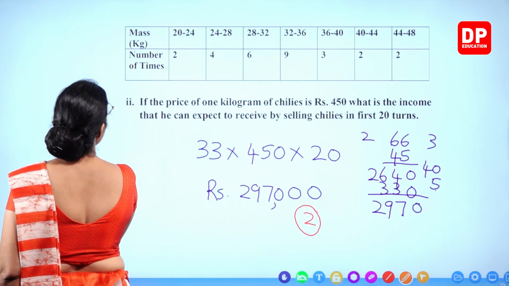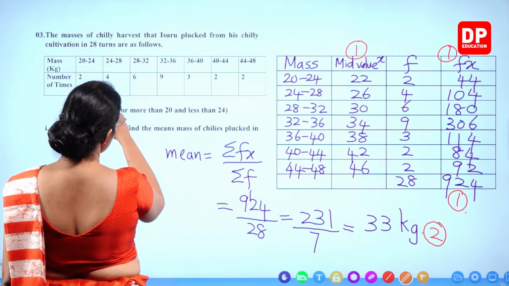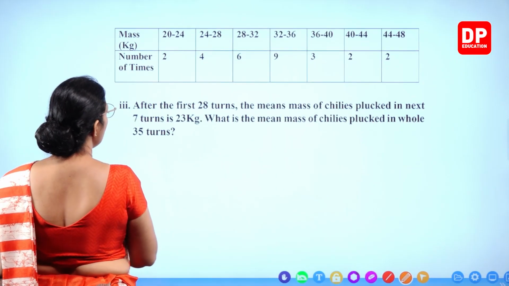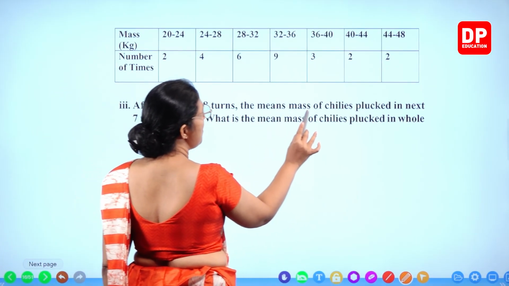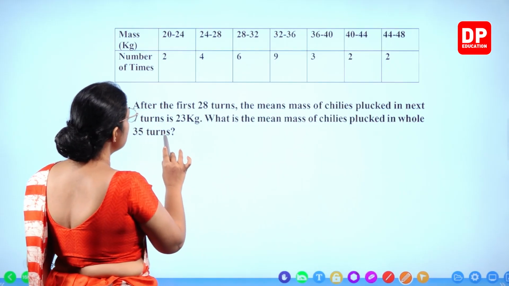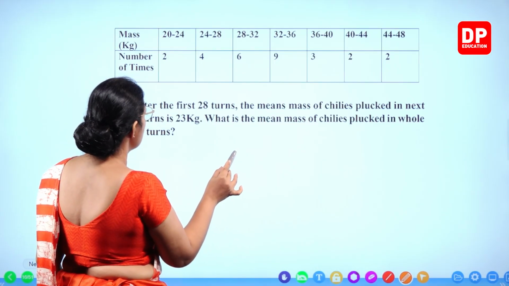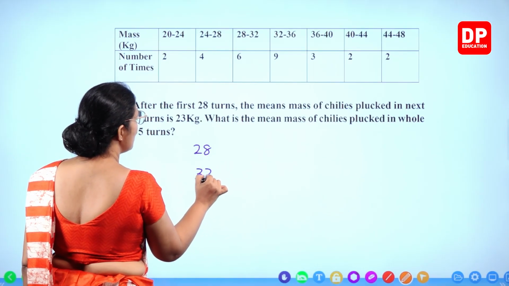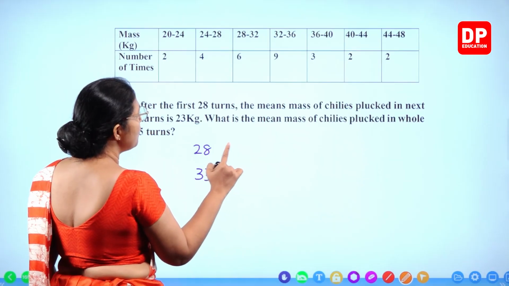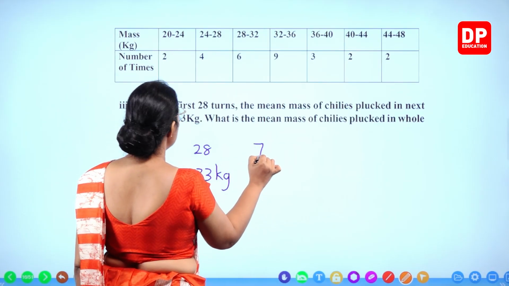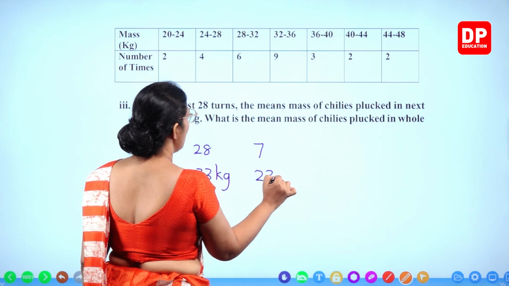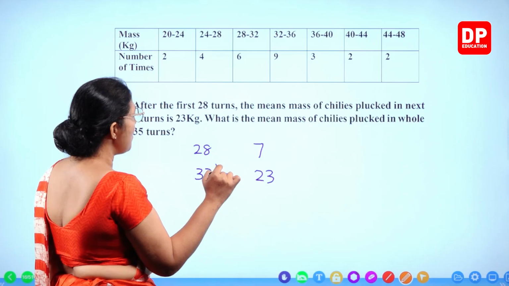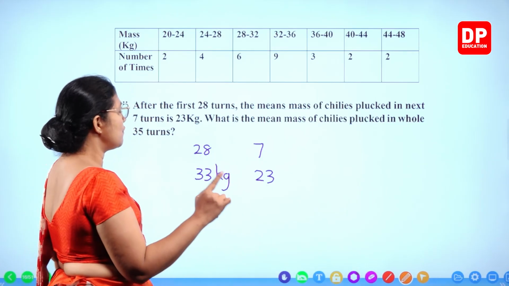What is the mean mass of chilies plucked in the whole 35 turns? So the first 28 turns, the mean mass is 33. Then after that, the next 7 turns, it's 23 kilograms.